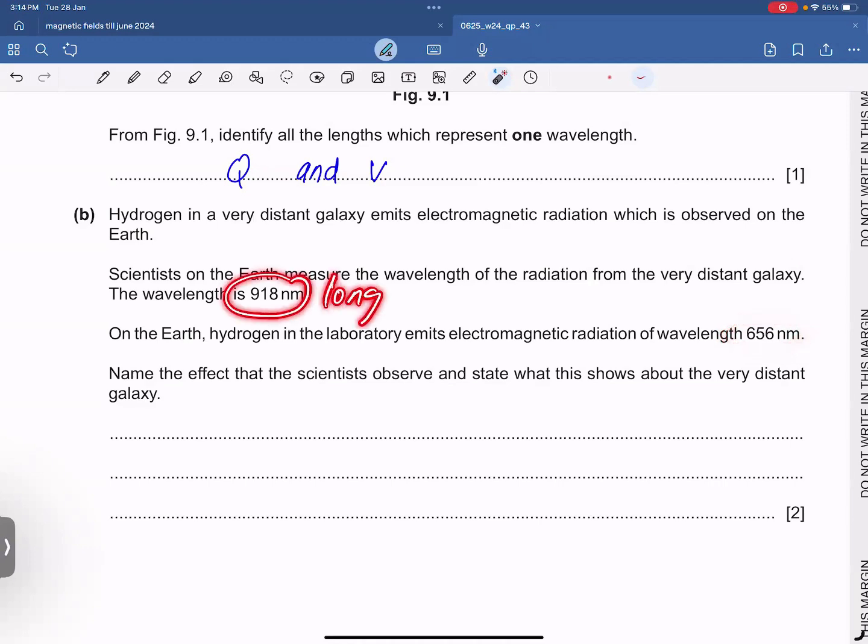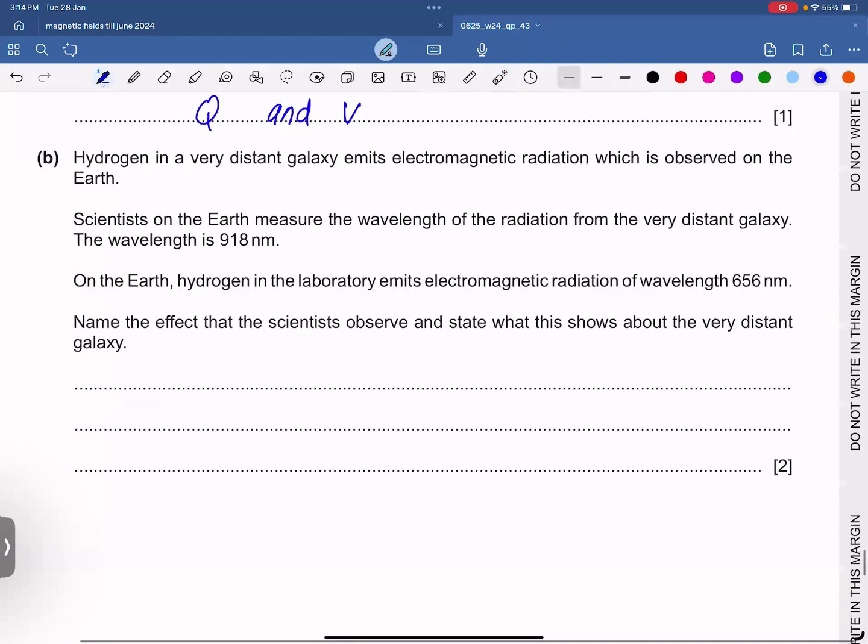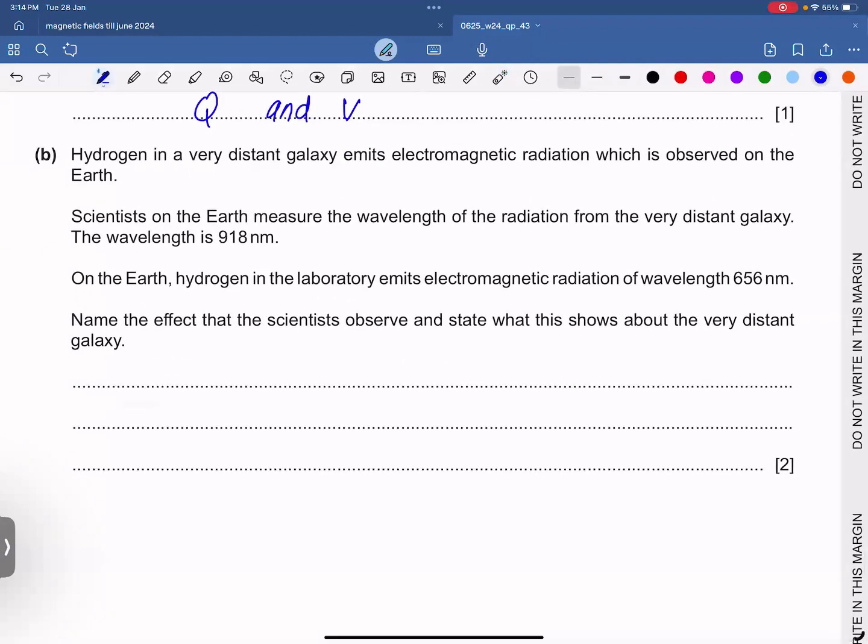This wavelength from distant galaxies is longer than the true observed wavelength. What does that mean? Redshift. So redshift means these galaxies are moving further away. So the further away, the higher the speed. Name the effect that the scientists observe. So the effect is redshift.